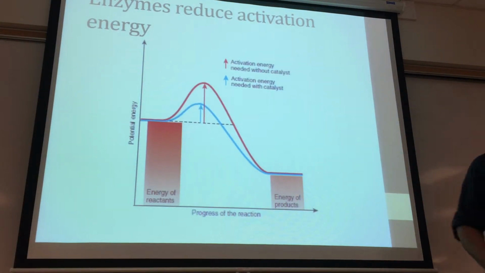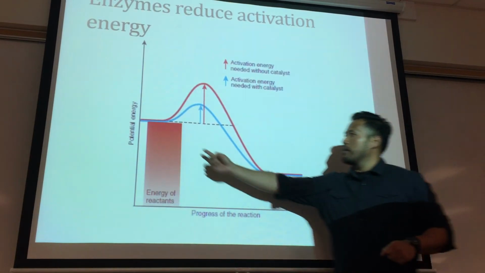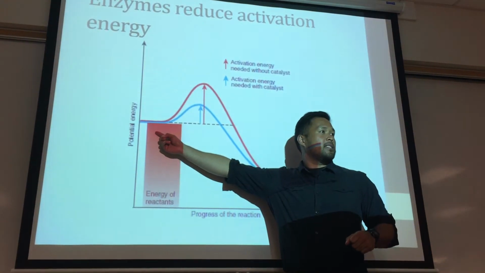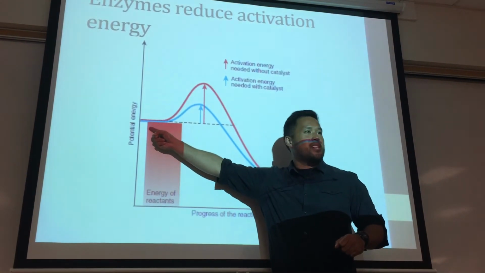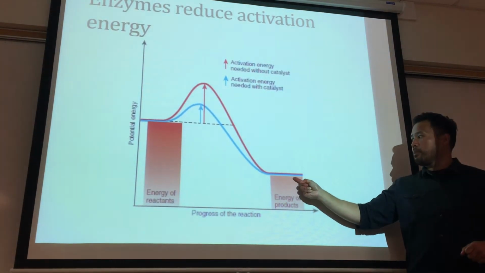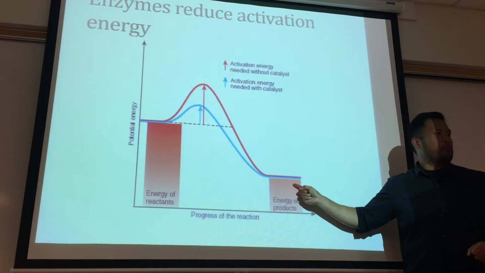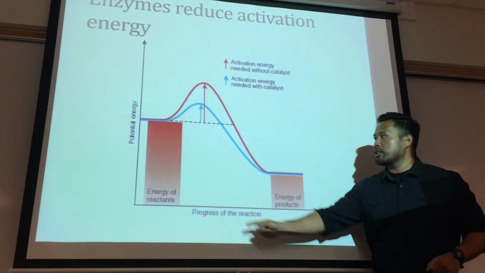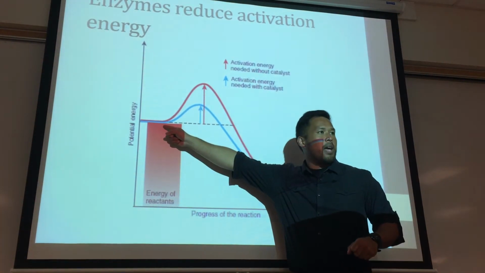So in those cases, enzymes reduce the amount of energy that's required. The product of man and woman or reactants stays the same. If we measure the amount of potential energy, that remains the same. If we measure the potential energy in baby, that remains the same. We're not changing the structure of baby. We're not changing the structure of man and woman.